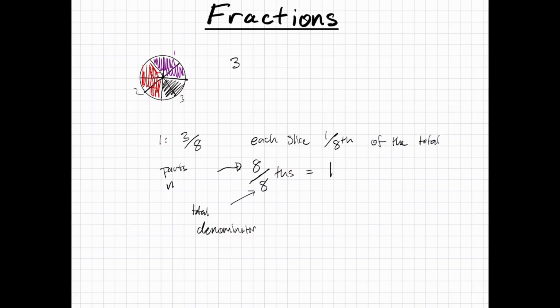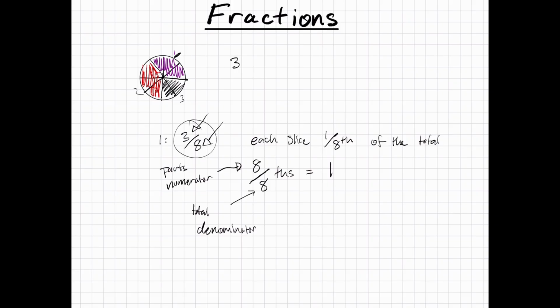So we call that the numerator. If I wanted to look at 3/8, for example, 3 would be the numerator. That's the number of slices that person 1 is getting. And 8 is the total number of pieces in the whole pizza. So basically, this tells us how many pieces. This tells us the size of the pieces.